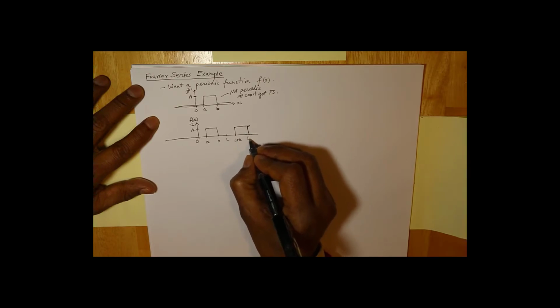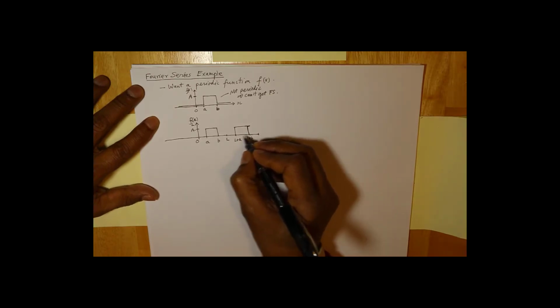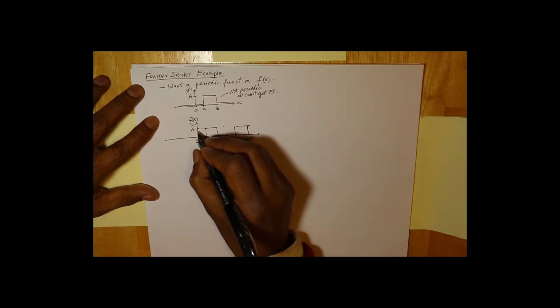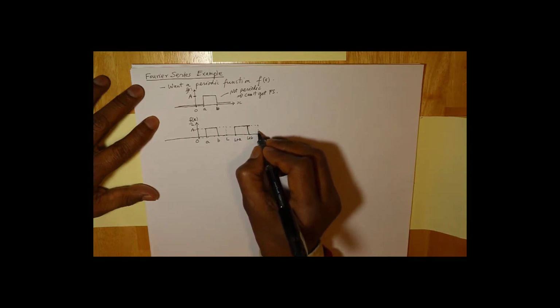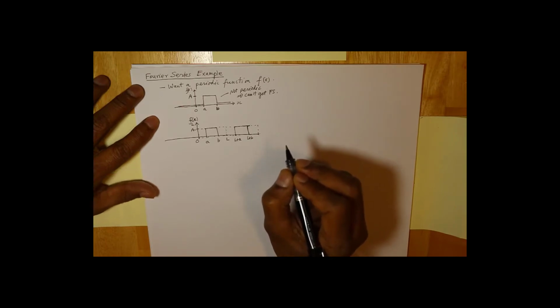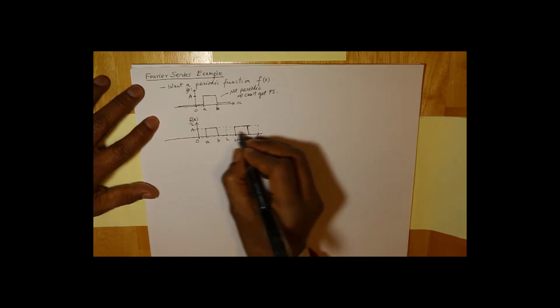So this is L plus B, and it looks like this, it repeats this pattern, and this is 2L, and so it's repeating that.